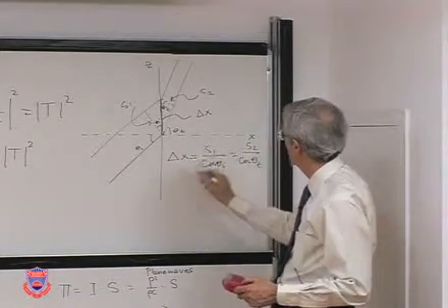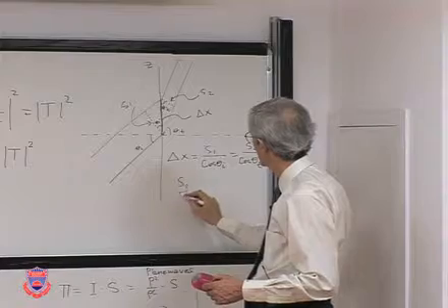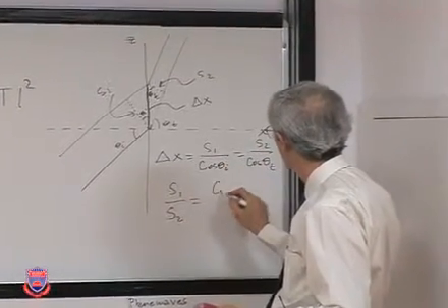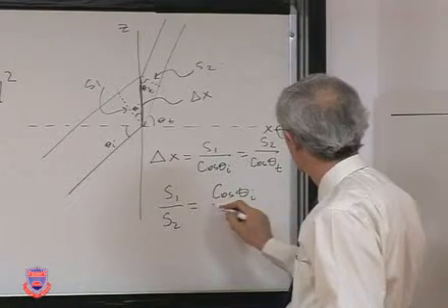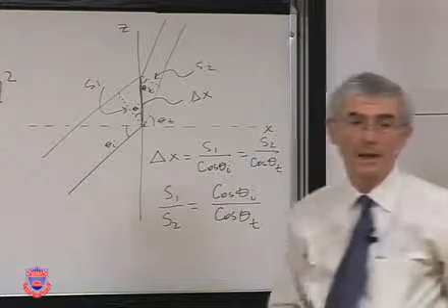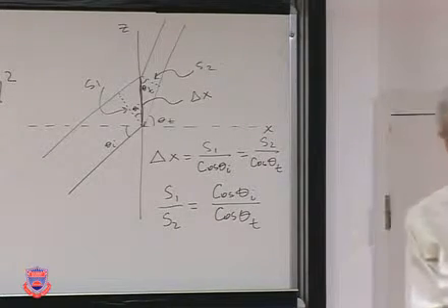So when you have this relationship, S1 over S2, you can indeed write it as a ratio of the angles of incidence and transmission.